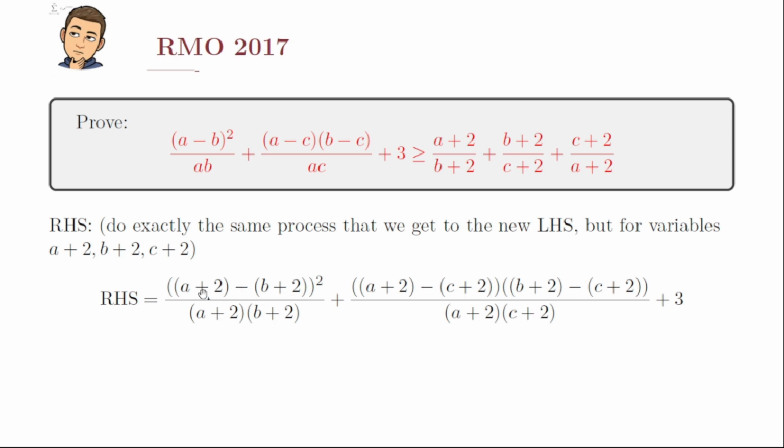And you can see now, the numerator here, after we eliminate the number 2, is exactly the same as the left hand side. So we can compare only the denominator, and this makes the proving much easier.